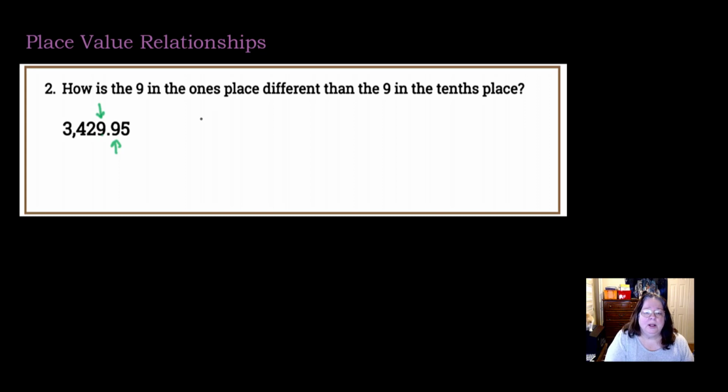The 9 in the ones place has a value of 9. The 9 in the tenths place has a value of 9 tenths. Can you see a relationship there? If we multiply this one times 10, what would we get? Well, we would get 90 tenths, which equals 9.